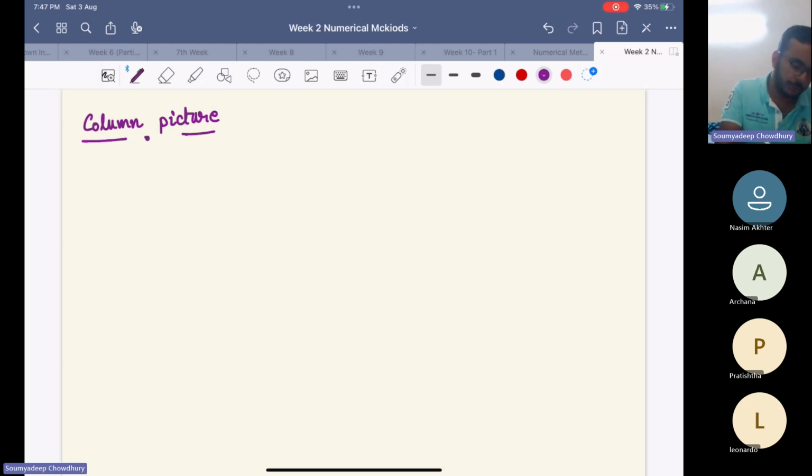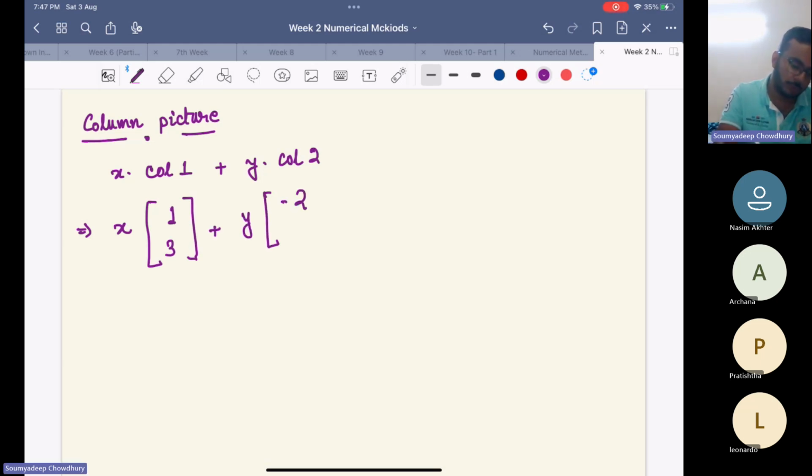The column picture is basically x into column 1, the first unknown variable into the first column, and y, the second unknown variable, into the second column. If we write it like this, x into (1, 3) for this equation, plus y into (-2, 2). This was the RHS matrix.